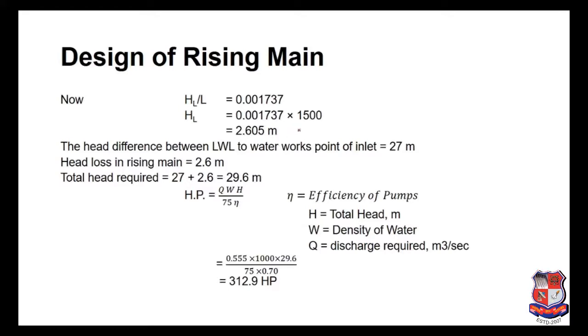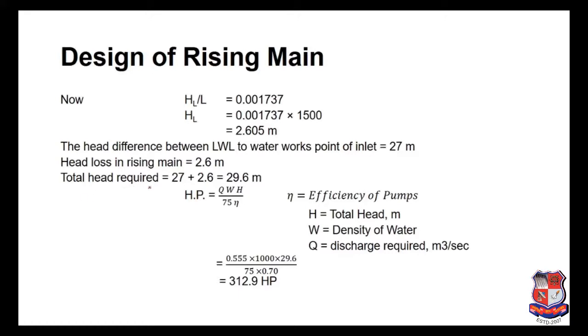So this means that in 1500 meter length there will be 2.605 meter head loss. The height difference between low water level and waterworks is given as 27 meter. This is the static height, and this is the head loss in rising main, which is 2.6 meter.